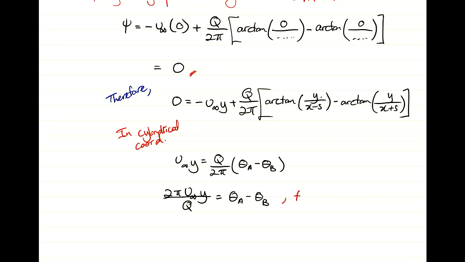Now I'm going to take the tangents. Okay, I want to take tangents of both sides. So I'm going to get tangent of 2 pi u infinity y over q equals tangent of theta a minus theta b.